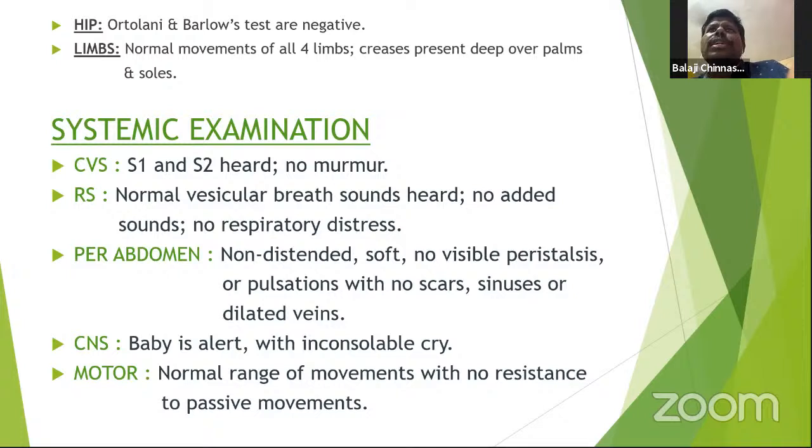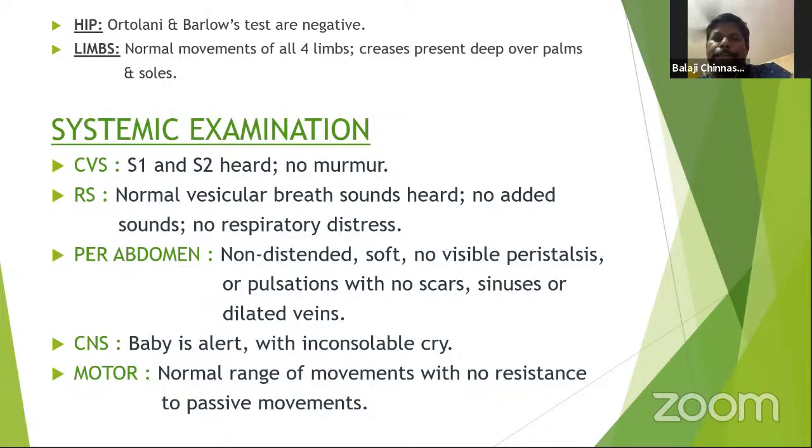In RS, mention any distress, retractions, added sounds or grunting. So basically, the head to foot examination is more important. Mostly you are not going to present the systemic examination in a detailed way. Okay, continue.